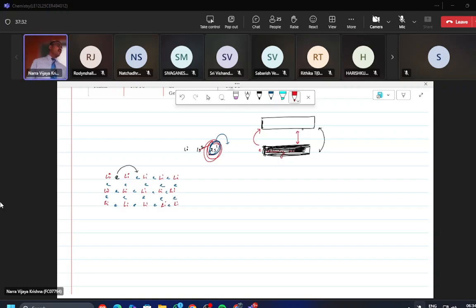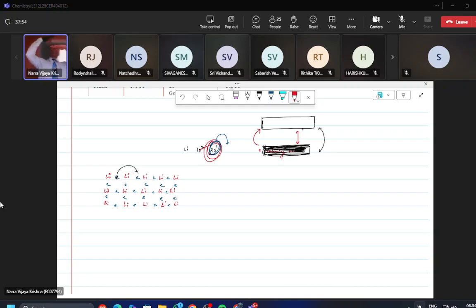then electrons cannot jump from the valency band to the conduction band. Means the energy is not sufficient for electrons to move. Then we call such materials insulators. Clear? If the gap is very small, conductors; very high, insulators. If the gap is moderate, not very high, not too small, then we call them semiconductors.